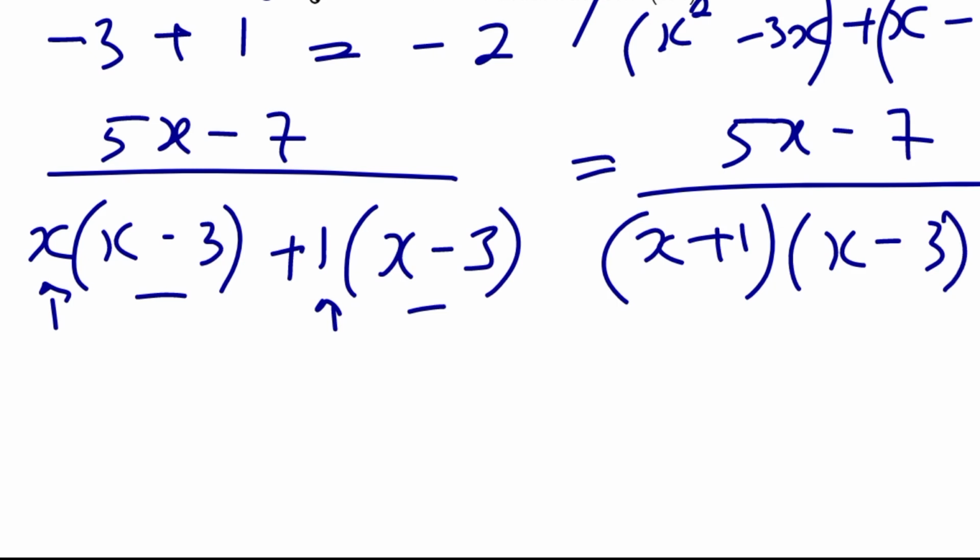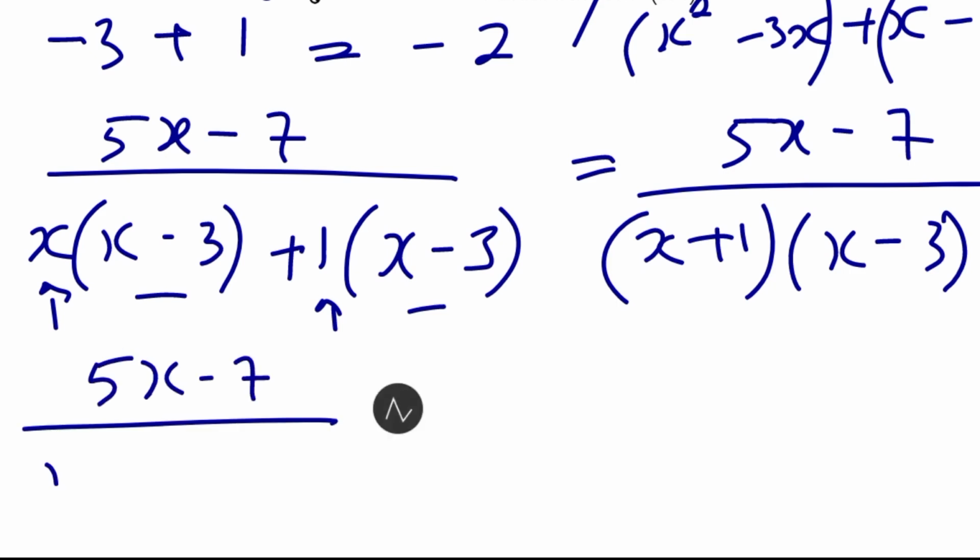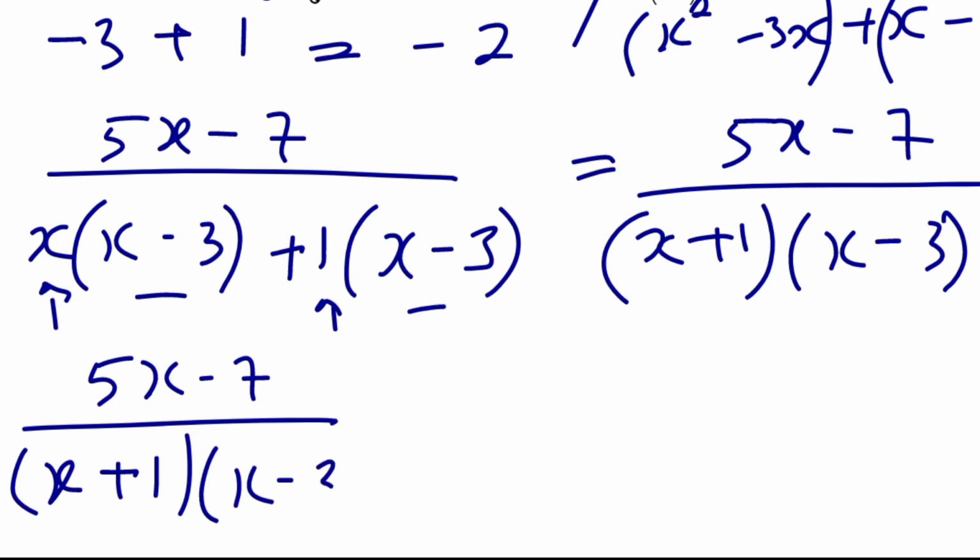So we got this, right? So what we need to do here is to solve for this. We know that 5x minus 7 divided by x plus 1 times x minus 3, which we just calculated, is going to become something.